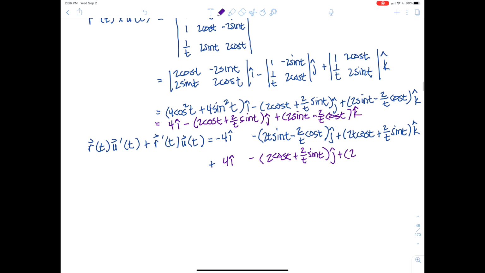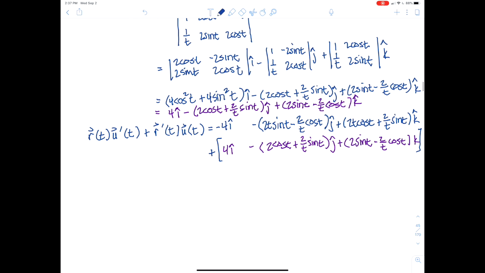And that should have been, yeah, it'll just be 2 sine t minus 2 over t cosine t times k. And let's group this whole thing, right? Because we're adding that whole thing. And so now let's carouse over here.